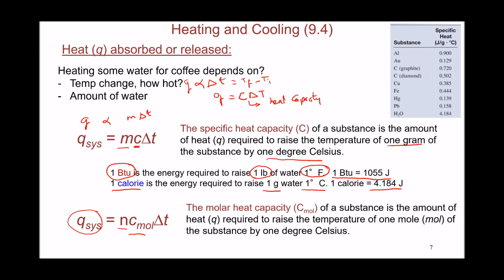It is the amount of heat needed to raise the temperature of 1 mole of the substance by 1 degree Celsius. The specific heat capacities are constants that have been measured for different substances and will be provided for any calculation in a homework or exam problem.